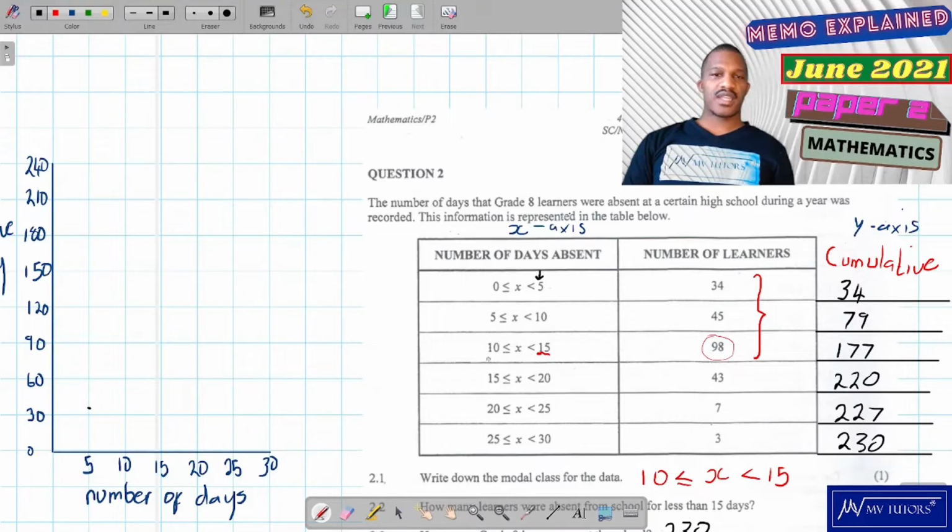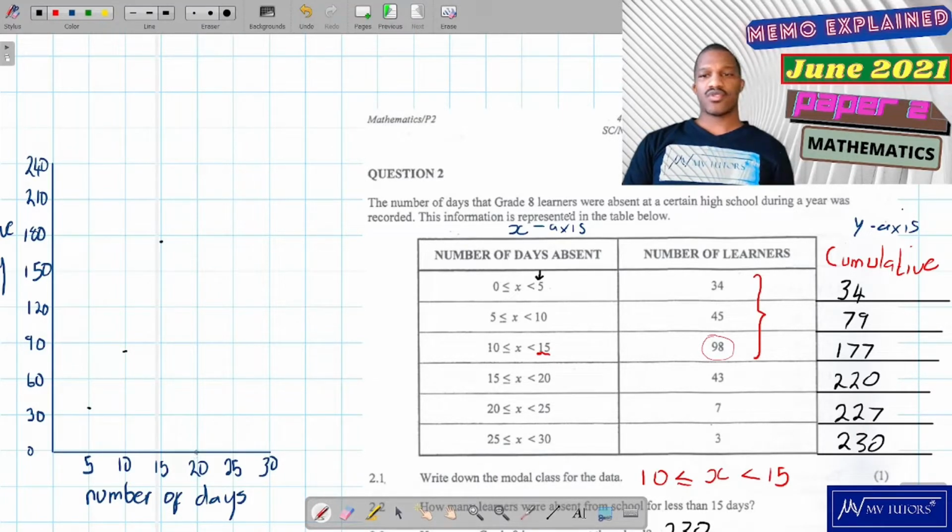And then 10 and 79. Remember, we're doing the cumulative one. 10 and 79. So 79 would be somewhere there. Cool. The next one is 15 and 177. If that's 180, 177 is somewhere there.